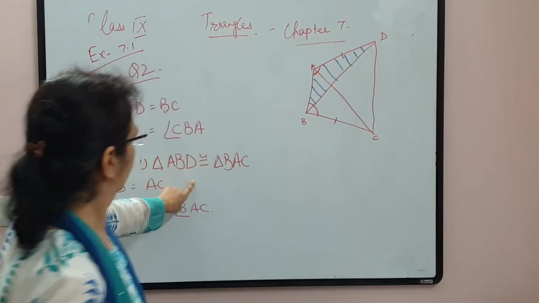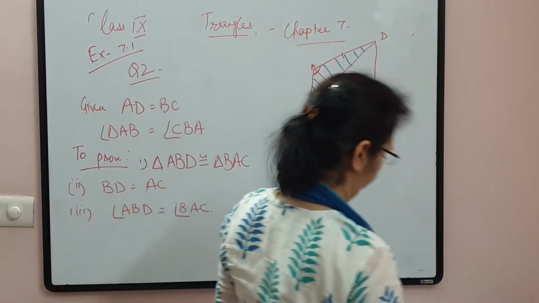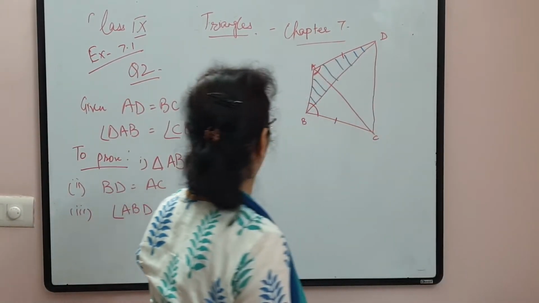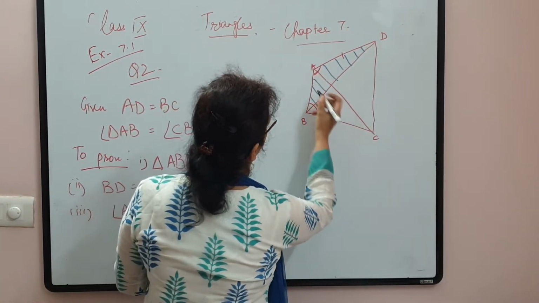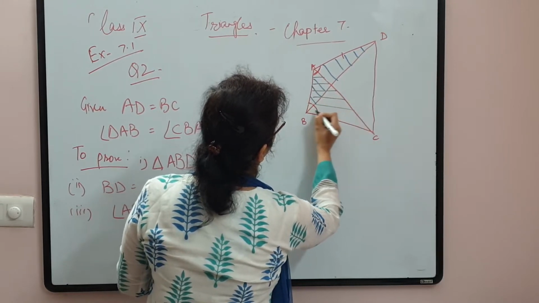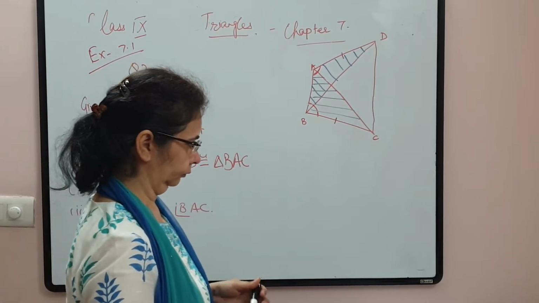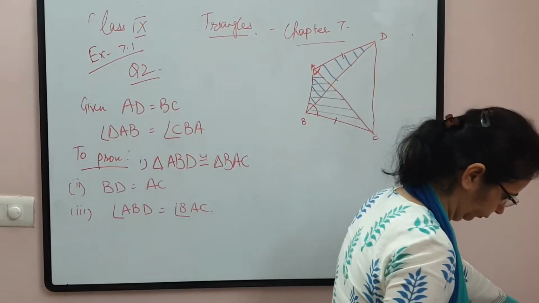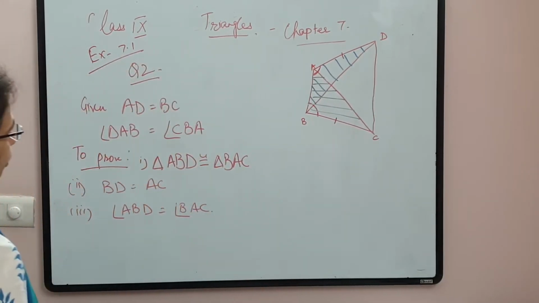What is the other triangle, children? BAC. We will mark it with another color. BAC, that is this triangle. Now we have to prove that these two triangles are congruent.